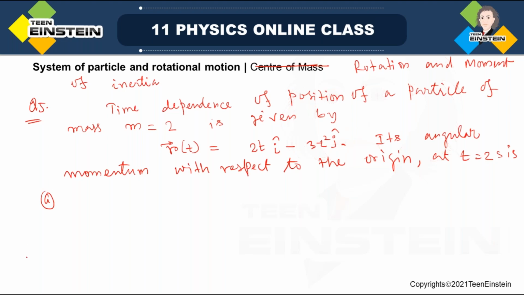So you have to find out the angular momentum with respect to the origin. Angular momentum means there should be some axis of rotation, so it is passing through, suppose, the origin.